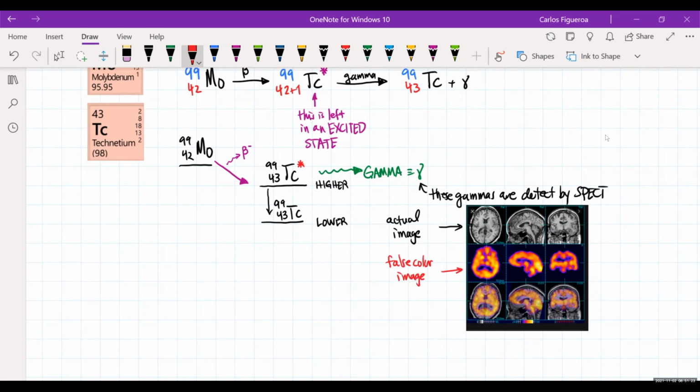Then you could go in and look at it. These false color images give you the details of what is going on. In essence, these gamma rays are lighting up the brain so you can look at what's happening in part of the brain.